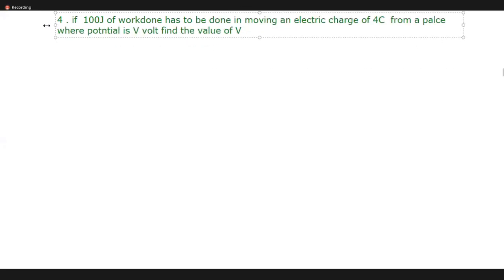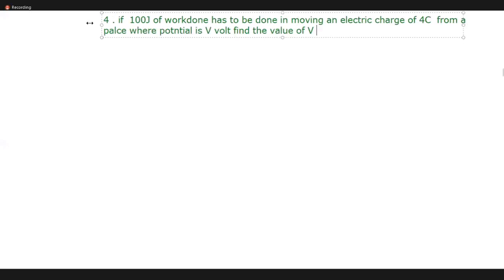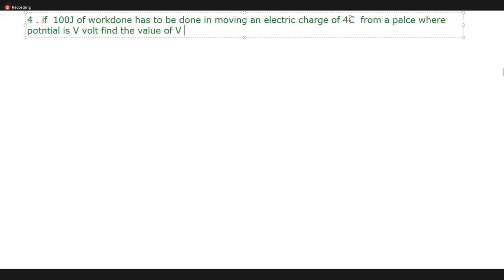So if 100 joules of work is done in moving the electric charge of 4 coulomb from a place where the potential is V, we will find the value of V. Here you are doing work in moving a charge. So what is the charge given? Let me write the given quantities.